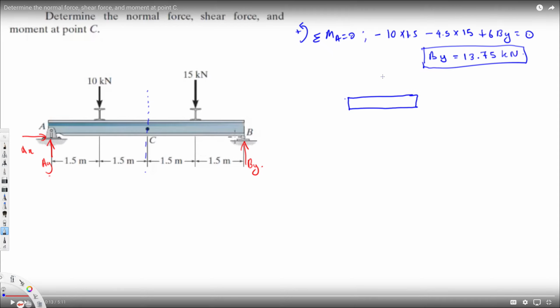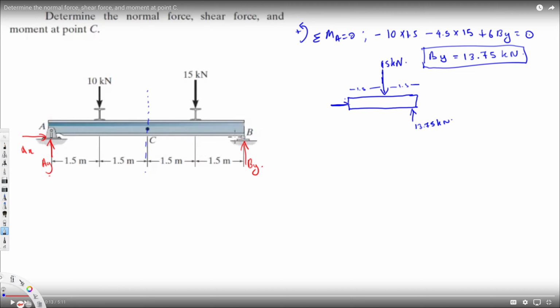It's going to be something like this, and we have 15 kilonewton acting in the middle. So the distance is 1.5, and also here we have BY pulling this object upward, and since the answer is positive, the direction of our assumption is right. So it's going to be 13.75 kilonewton upward.